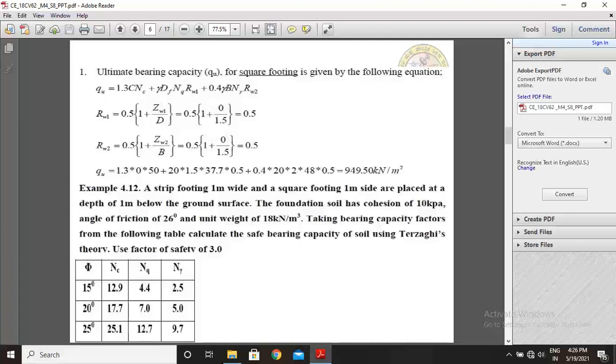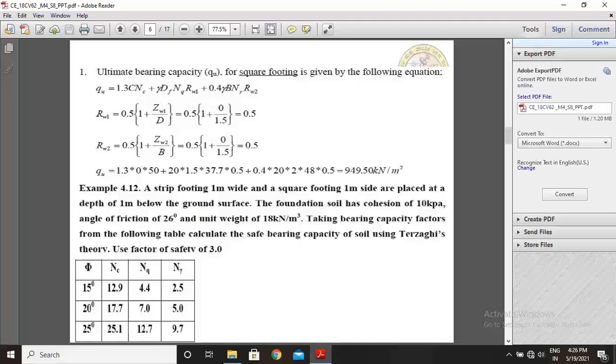Taking bearing capacity factors from the following table, calculate the safe bearing capacity of the soil using Terzaghi's theory. Use a factor of safety of 3. These are Terzaghi's bearing capacity factors given in these tables.